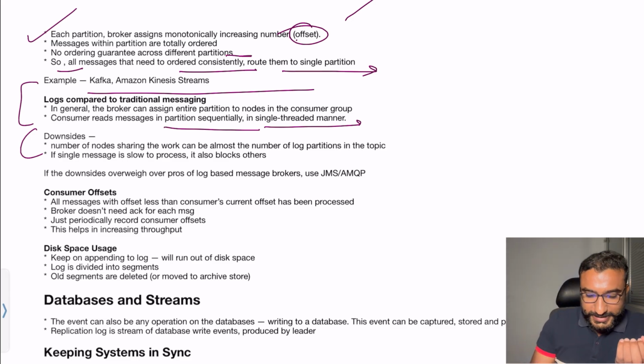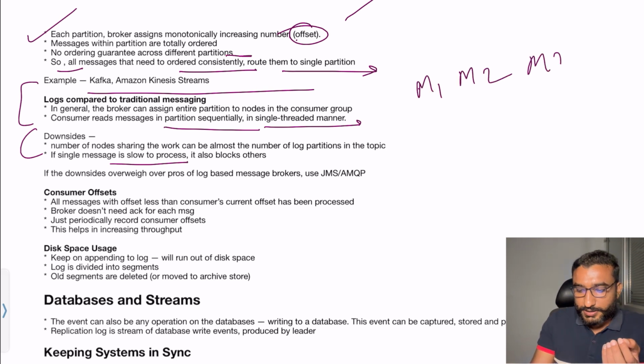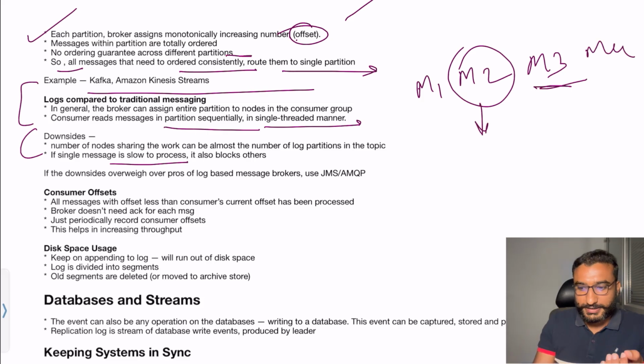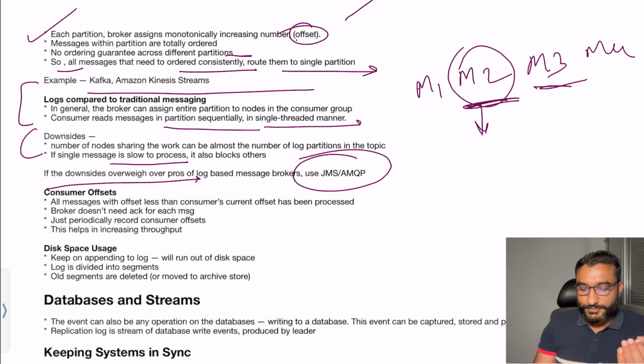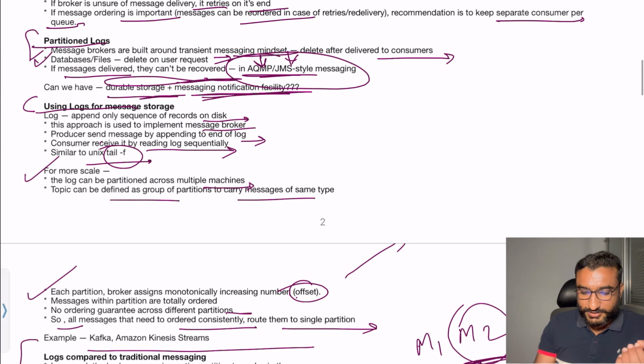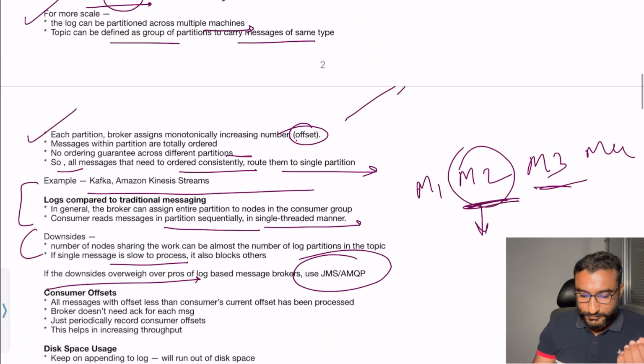And if a single message is slow to process, it can block others. Since you are doing one by one, let's say M1, M2, M3, if M2 takes so much time, then M3 and M4 will be blocked until M2 processing is completed. If these downsides outweigh the pros of log-based messaging, then you can use JMS and AMQP, which we discussed shortly earlier.